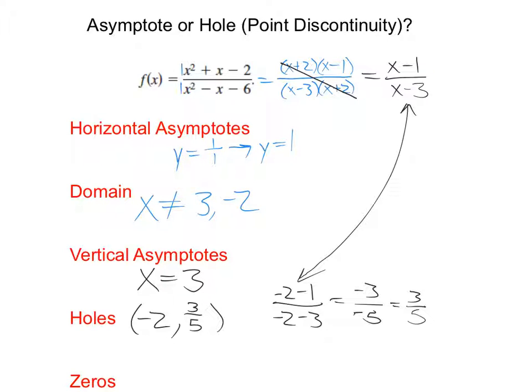So, identify your domain before you reduce anything. Then look to see if something cancels. If it does, that element of the domain gives you a hole. If it's left over, that part of the domain gives us a vertical asymptote.